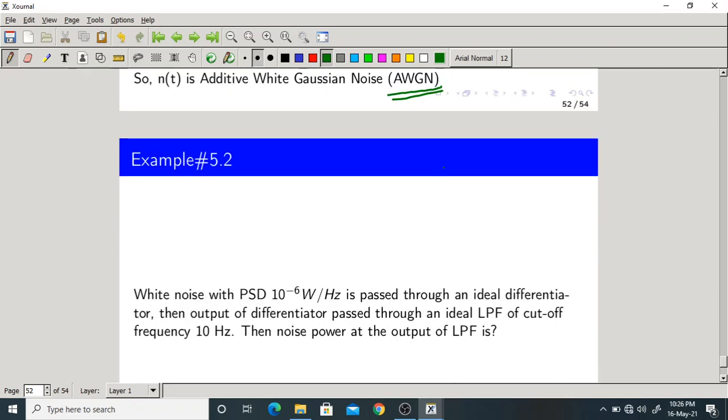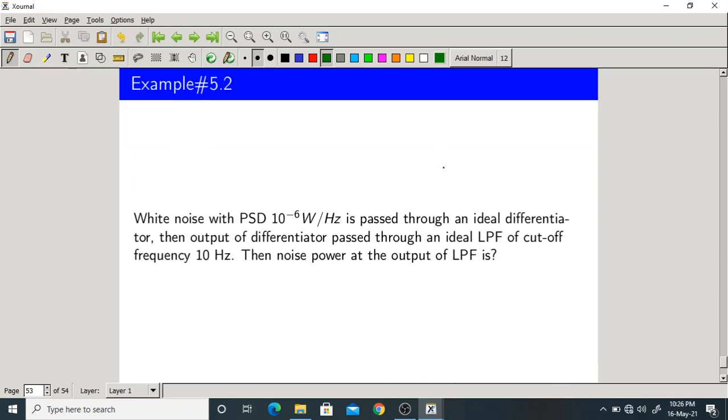Now, let us take a simple example. White noise with a PSD, which means they gave us N naught by 2. How much? 10 power minus 6. What are the units? Watt per hertz. They mentioned it is white, so that's why you can draw this figure.